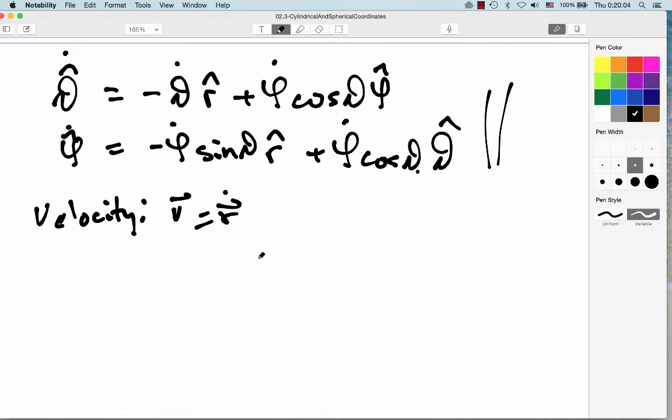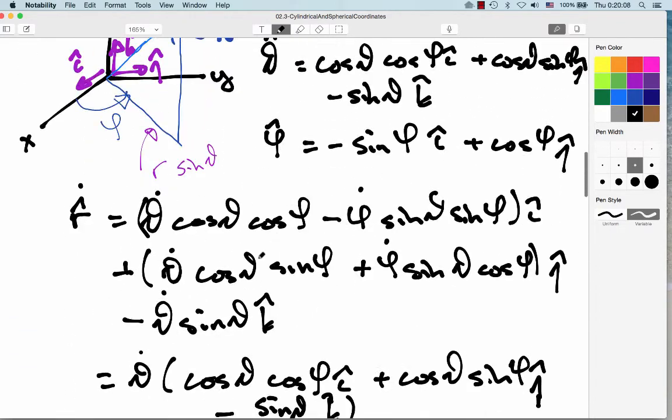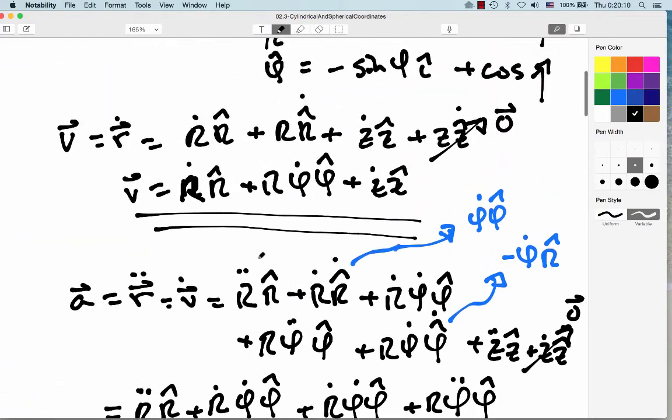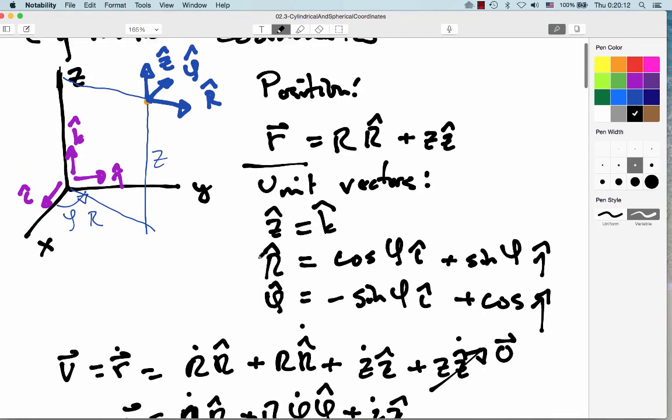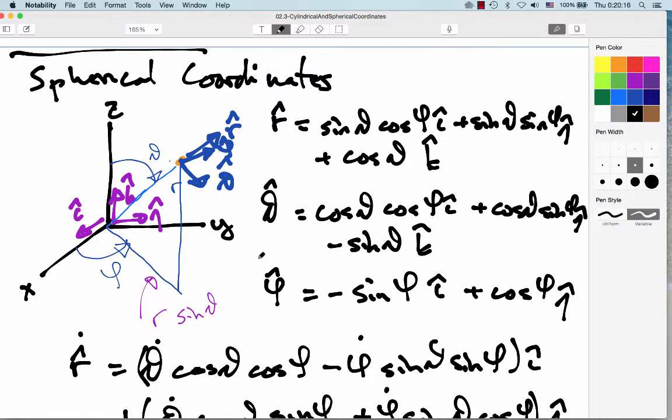Okay, keep in mind that my position vector here is just going to be this length r times r hat, because that's all I need to tell me how to get to the location.